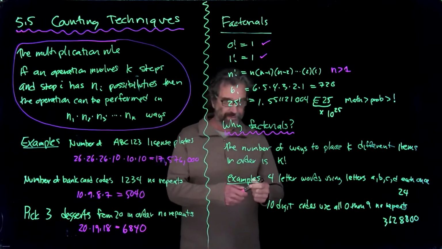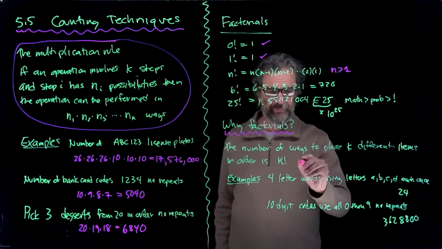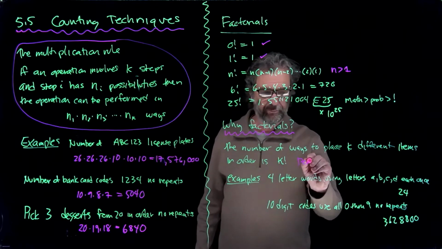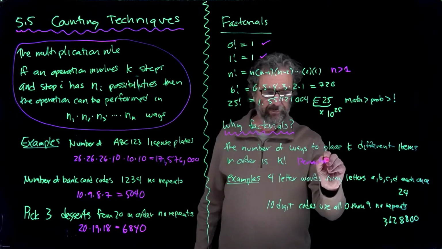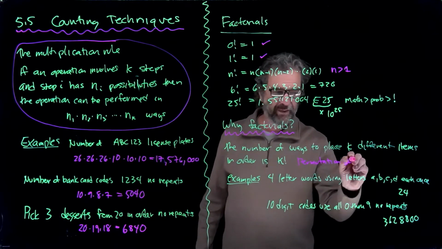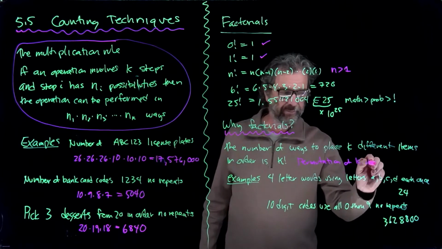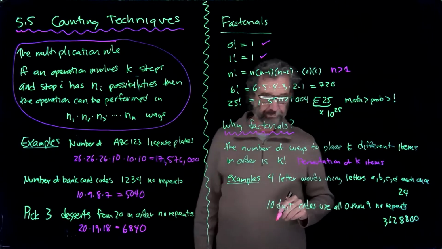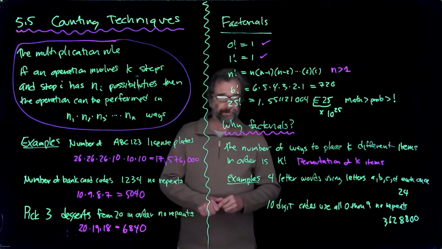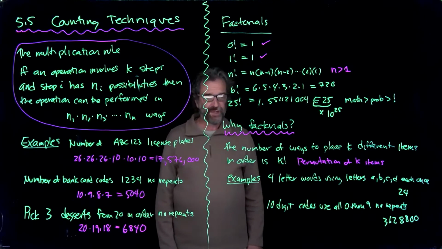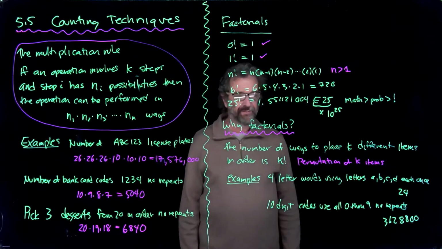And so that's called a permutation of k items.